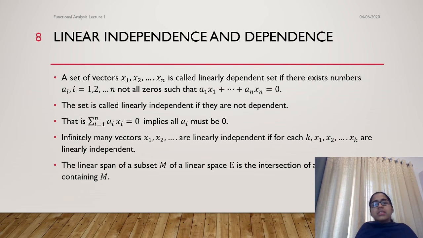Now moving on to the definition of linear span. The span is defined for a subset of a linear space. The linear span of a subset M of a linear space E is the intersection of all subspaces of E which contain the set M. Or you must have learned another definition also, that is the span of a subset is the set of finite linear combinations of all vectors in it.